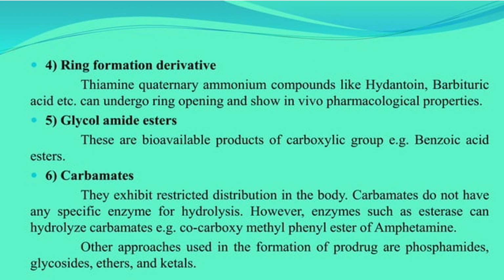Now the next approach for preparation of prodrugs through functional group changes is ring formation derivatives. Thiamine quaternary ammonium compounds: some drug molecules have a nitrogen atom and form quaternary nitrogen compounds like hydantoin and barbituric acid, which can undergo ring opening and show in vivo pharmacological properties, that is ring formation derivatives. Then next is glycolamide esters.